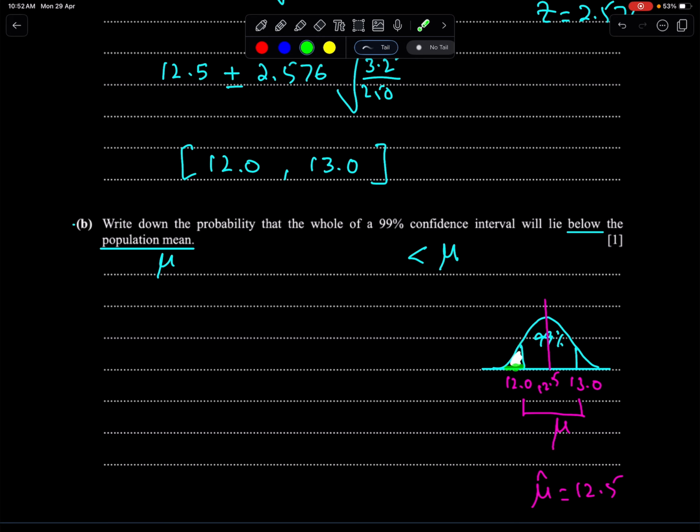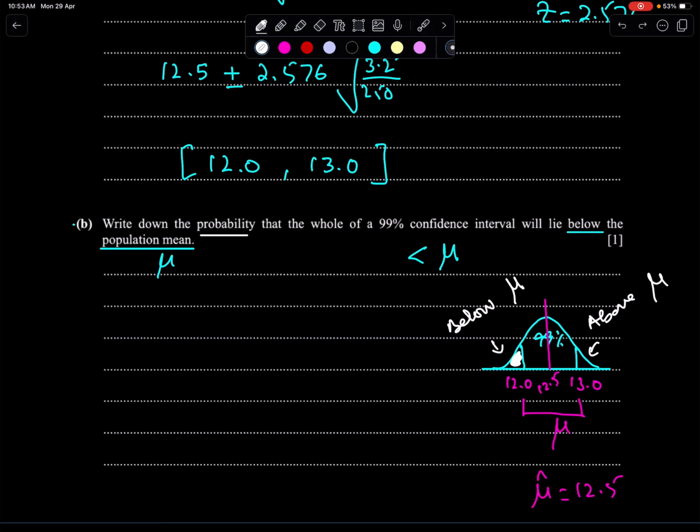So, below the mu means this area. Above the mu means this area. And the question is, we need the probability which lies below mu. So, this probability is required.